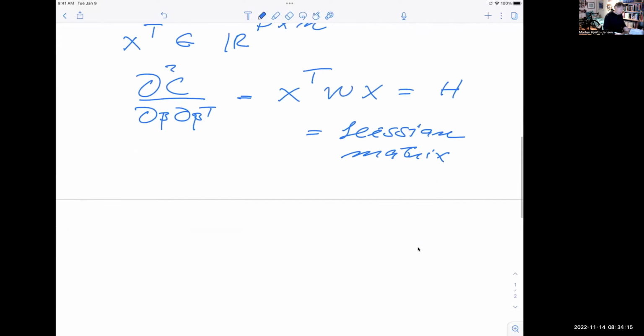And this matrix W has only diagonal elements, W_i. These are the only non-zero ones. It's given by p of x of i times 1 minus p of x of i.